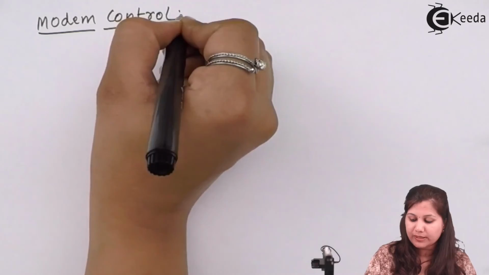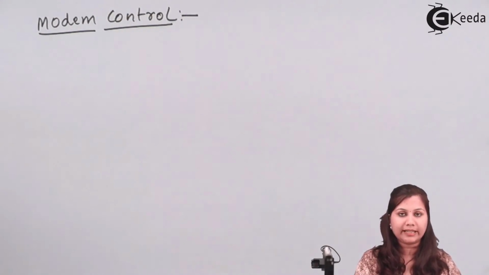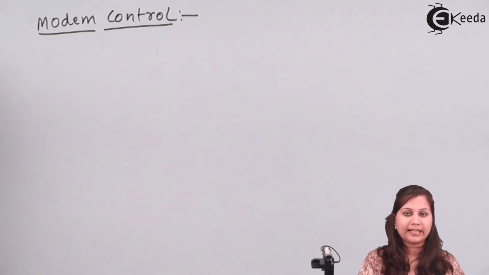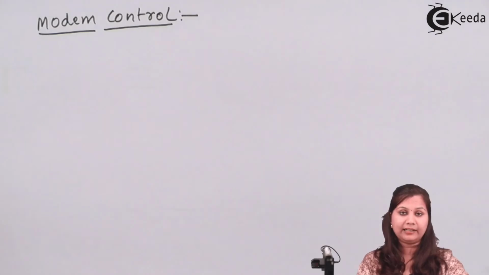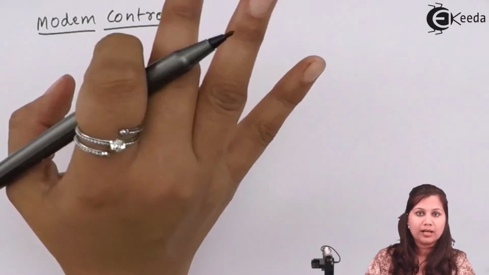This modem control section allows us to interface a modem with the 8251, like over the telephone lines when we are connecting a modem for the internet. So that modem can be interfaced with the 8251 through this modem control section.